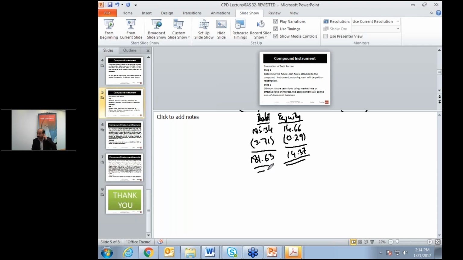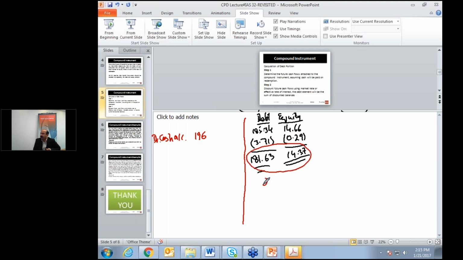The journal entry will be, there are two ways to pass the journal entry for this. One way is that simply debit cash or bank with the amount actually received, 196.